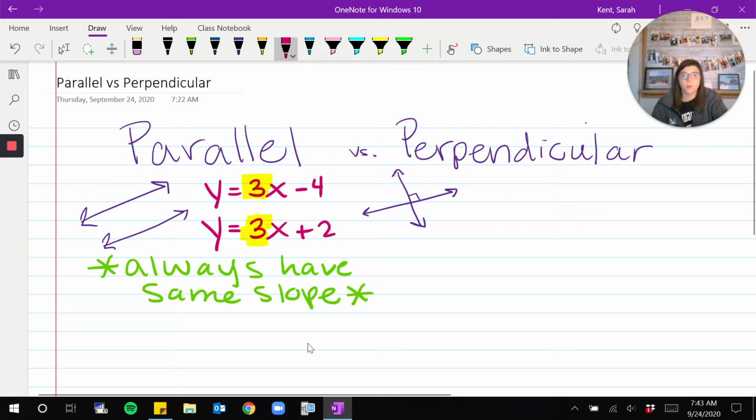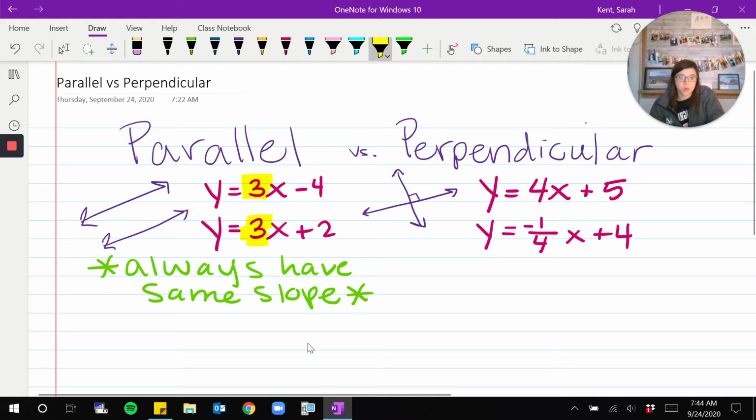If we think about perpendicular, one line might be y equals 4x plus 5, whereas a perpendicular line to this first one would be y equals negative 1/4 x plus 4.